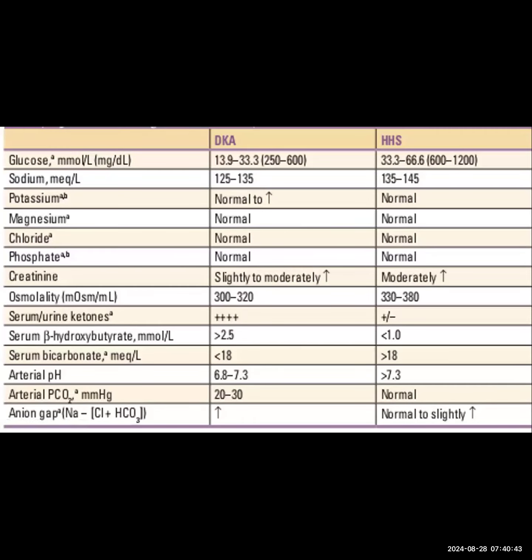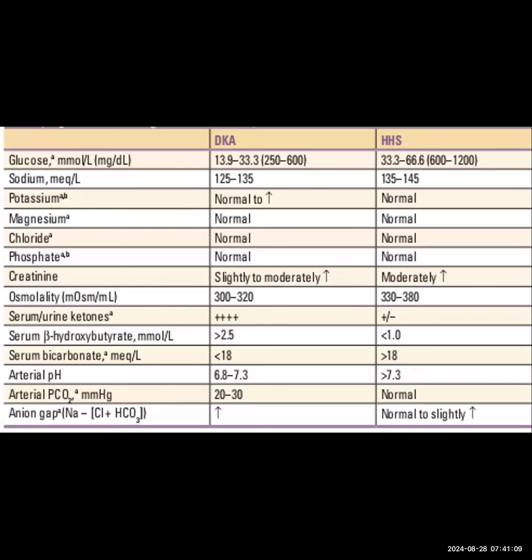However, there could also be hyponatremia because severe hyperglycemia draws water into the intravascular space and reduces the concentration of the sodium, which leads to pseudohyponatremia.